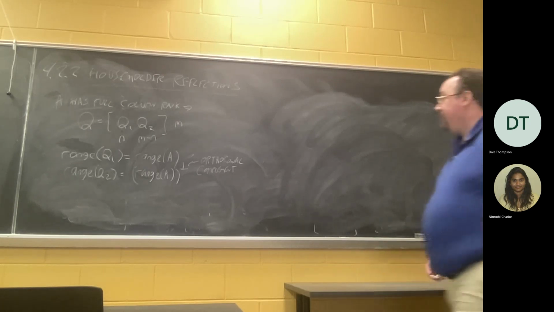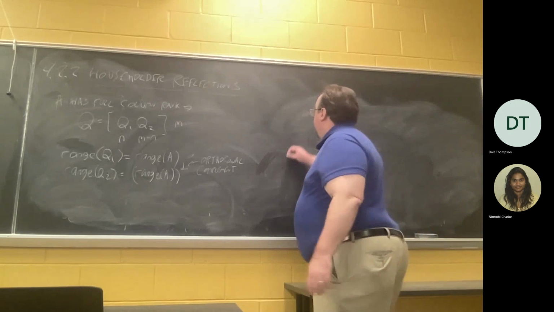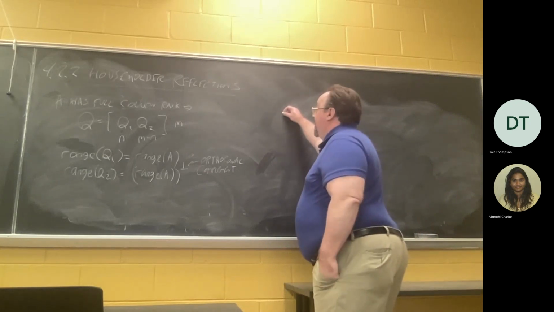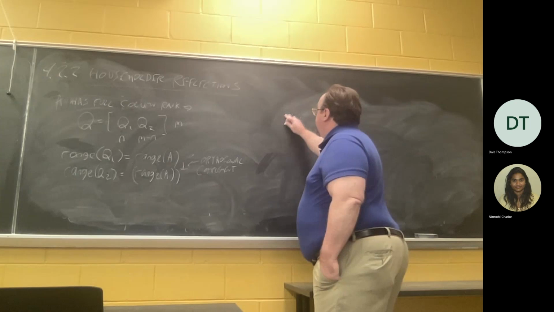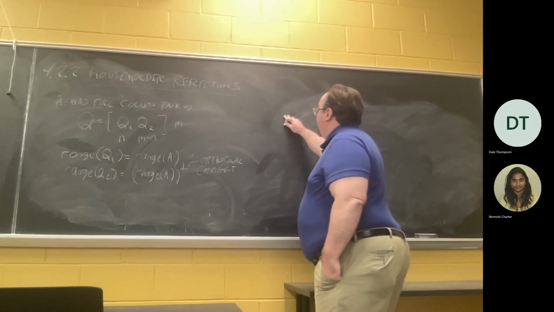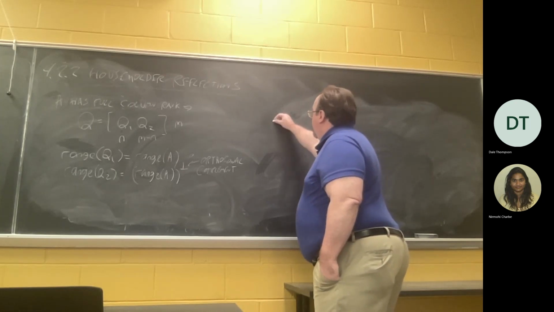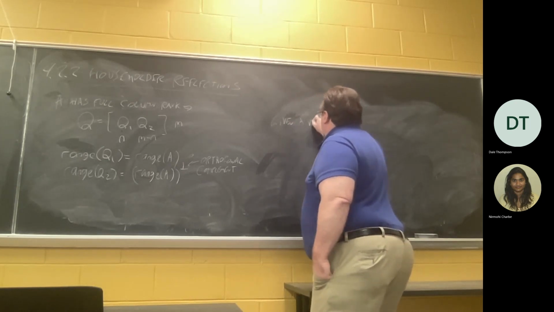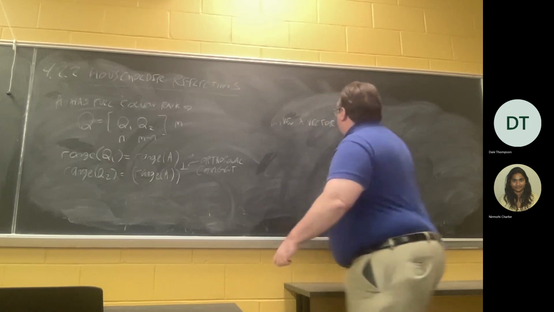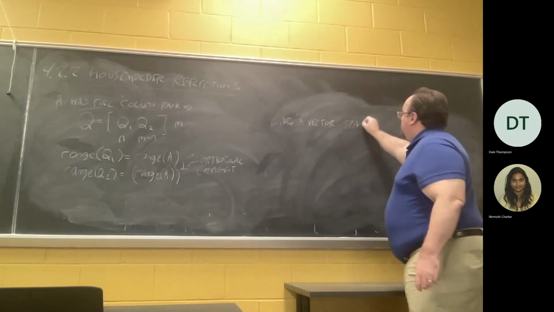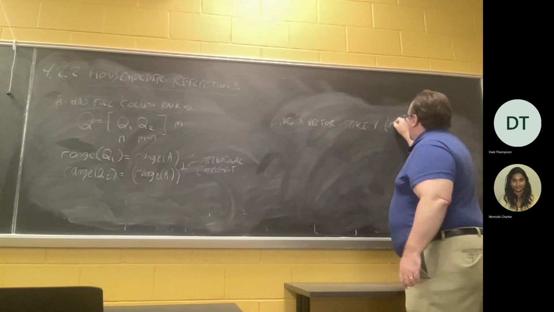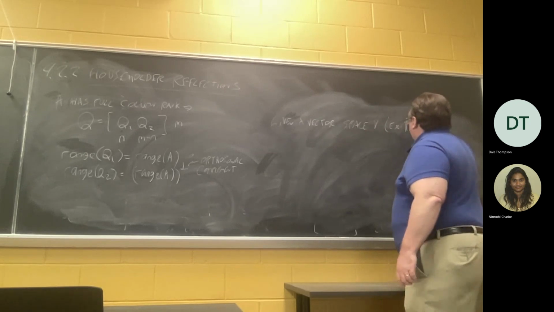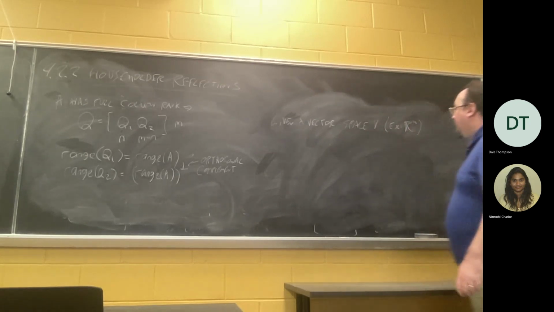Suppose you have a vector space V. So for example, the vector space could be R^m.